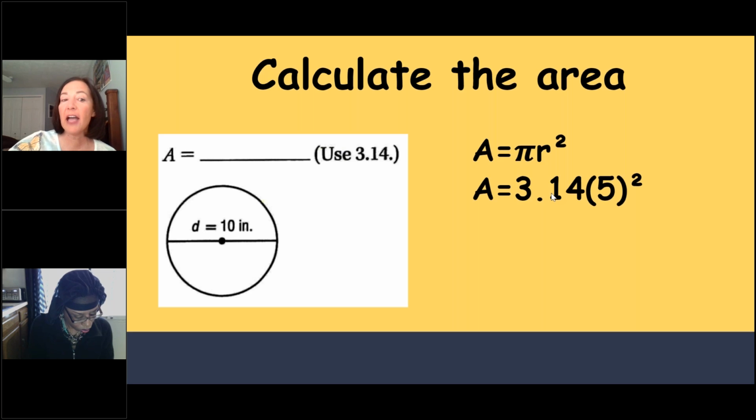We would put 5 in for the radius, but now we have to square that. And so that's the same thing as saying 5 times 5. So it'll be 3.14 times 25. 78.5 inches squared.